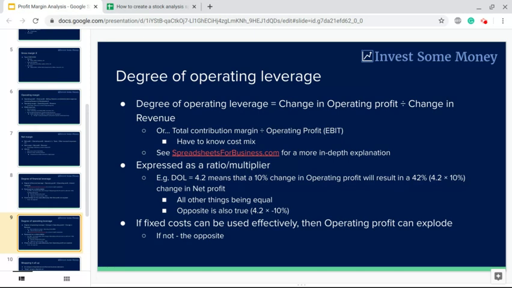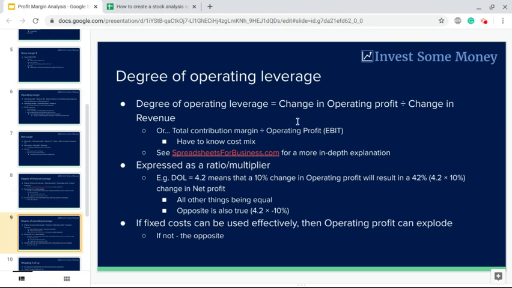So again, this is a concept, not a hard and fast rule. But that's how I like to calculate degree of operating leverage. But we're fortunate in that there is another way to estimate that, and that is to take the change in operating profit and divide it by the change in revenue.